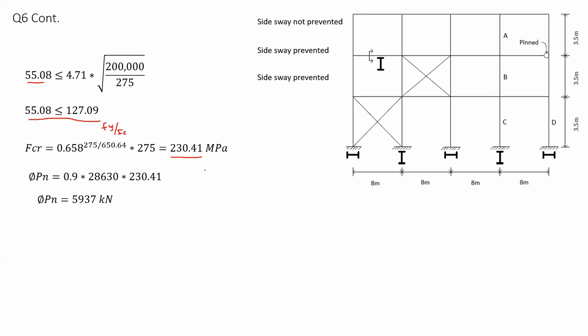Multiply it by the gross area for the column. This is Ag for HEB 650, which is the column. And this is Fcr. We multiply by 0.9 if we are calculating in accordance with LRFD. So from here, the capacity of column A appears to be 5,937 kilonewtons.